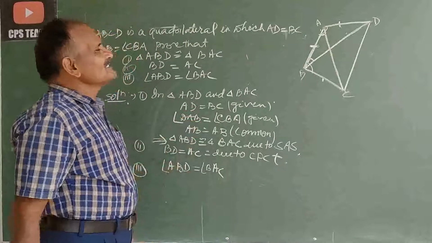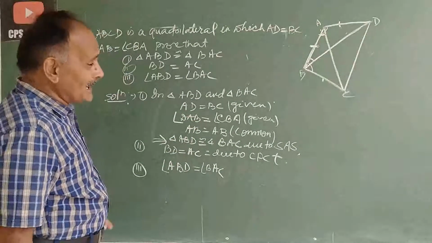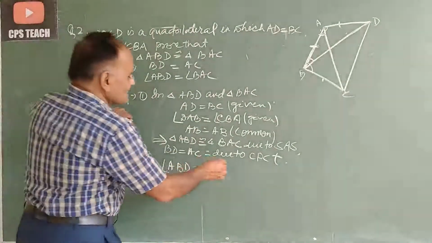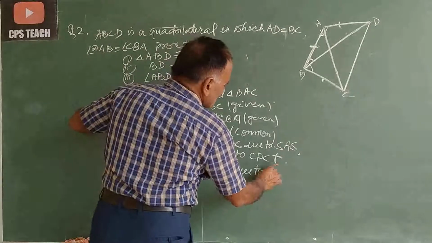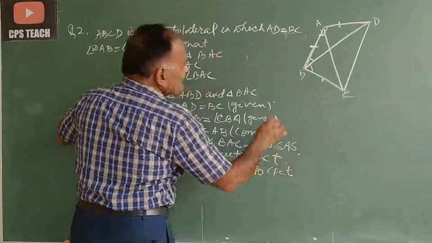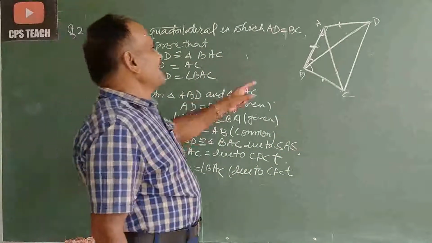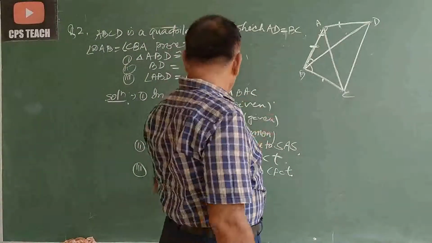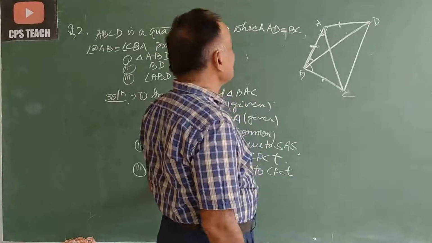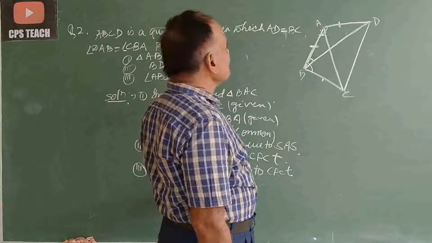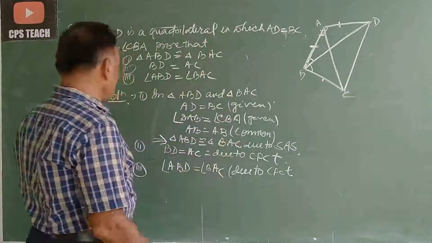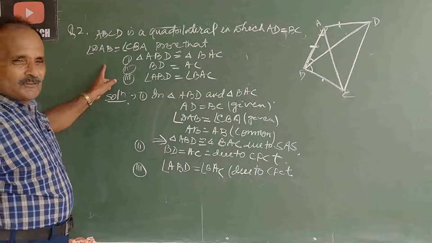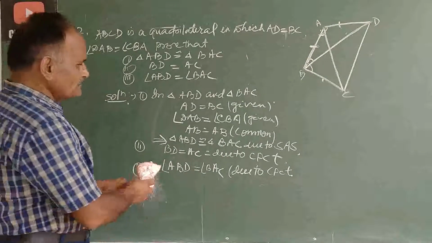These two angles are also congruent, also equal due to CPCT. This ABD equal to BAC is due to CPCT. This is question number 2.